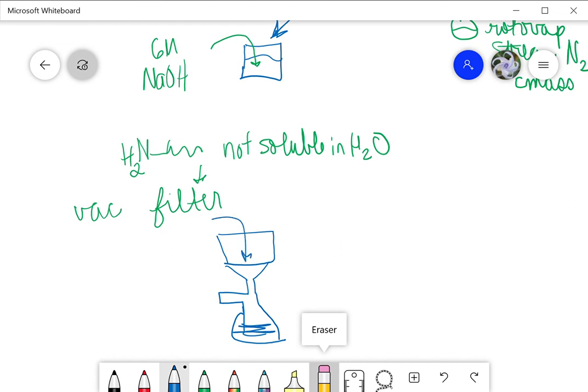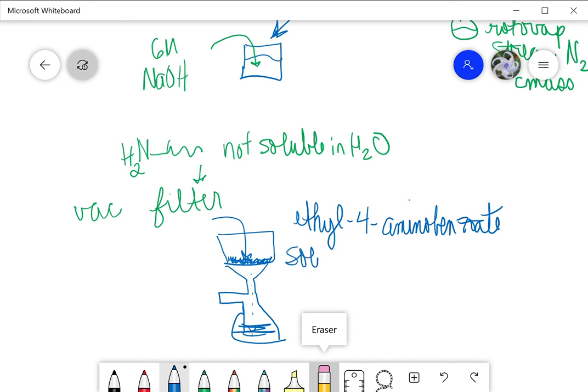You'll put in the top a solid and a liquid, and the solid will stay on the paper up above, and all the liquid will get filtered through, and your neutral ethyl 4-aminobenzoate will be the solid in your filter. Then you're going to weigh that.